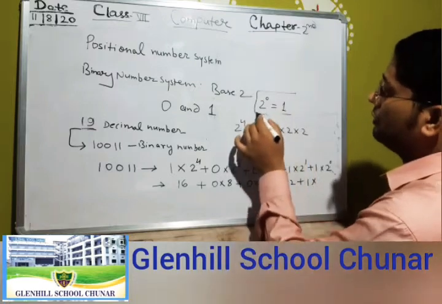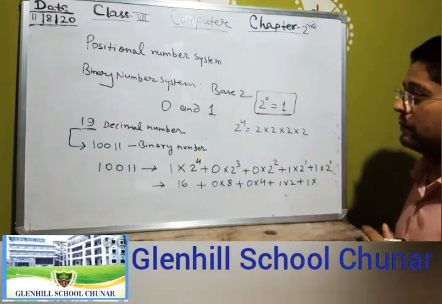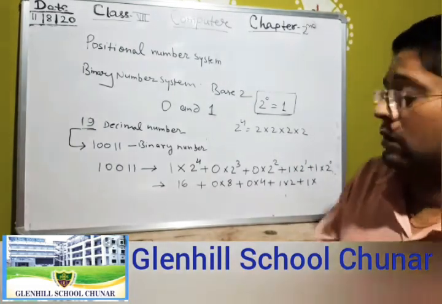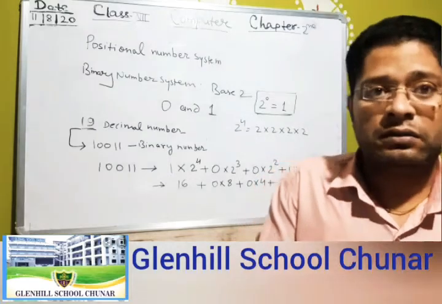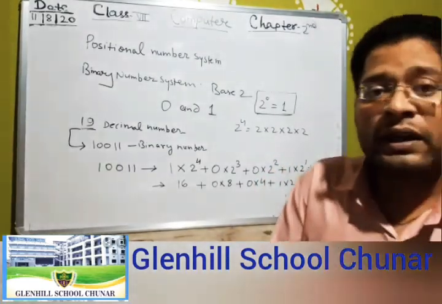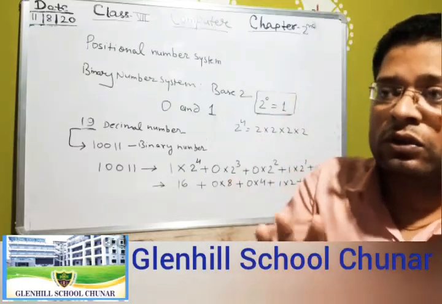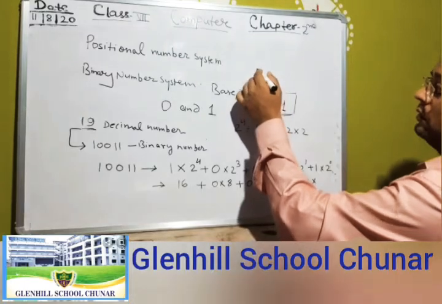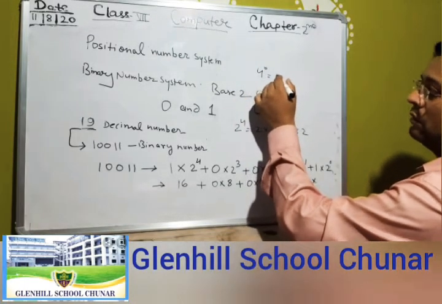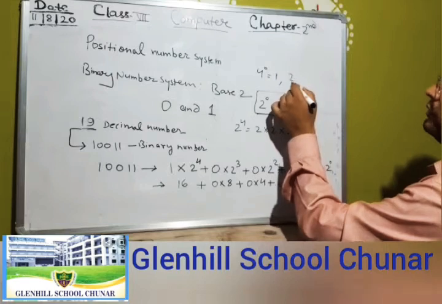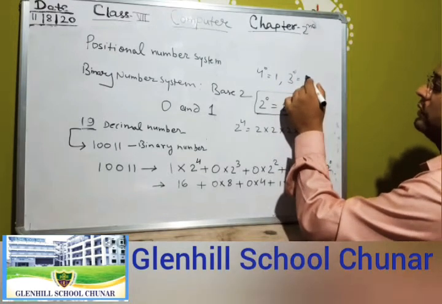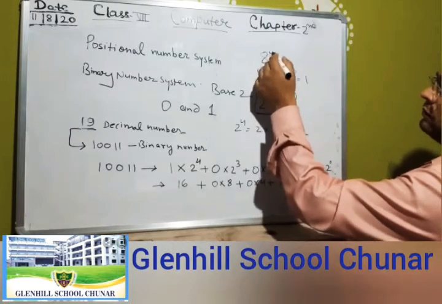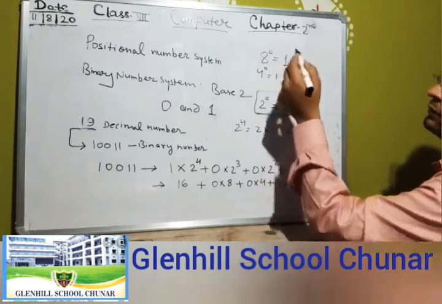This is very important. Any number with power 0 has the value 1. Okay, student? Suppose 4 power 0, that's 1. 3 power 0 means 1. 8 power 0 means value 1.